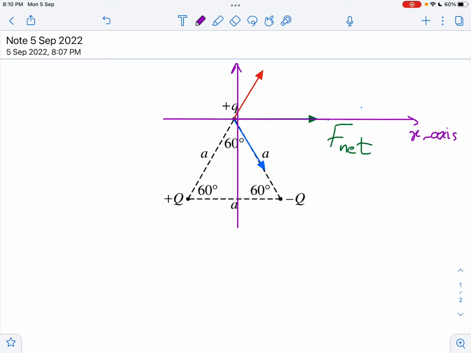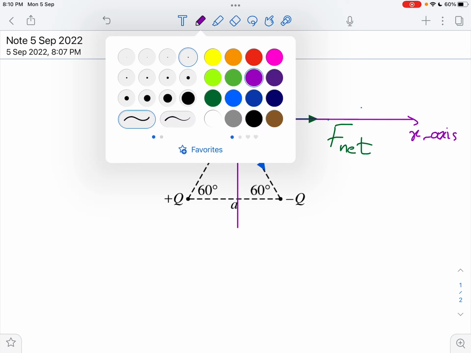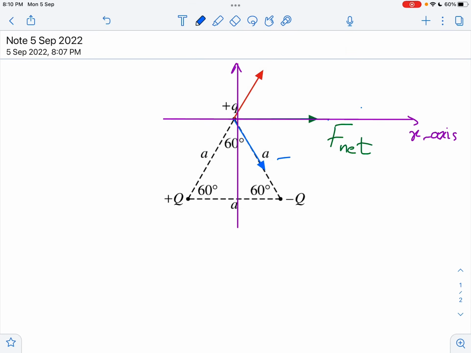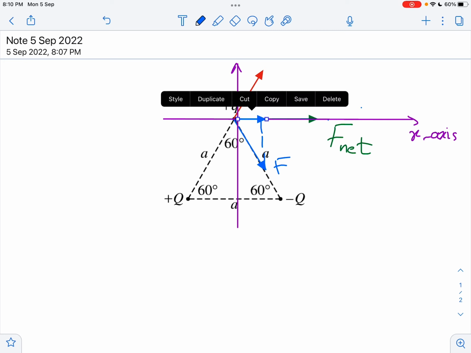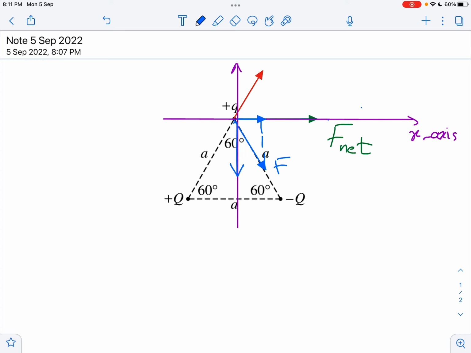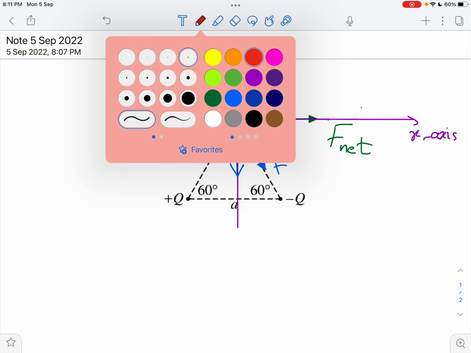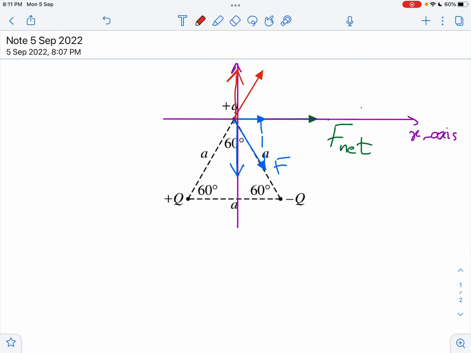Now, because F net is going to be on the x-axis, we neglect the y component of the forces. So that force has both an x component, that's the x component of the force, and it has also a y component. But the y component of that force is going to cancel with the y component of the red force.